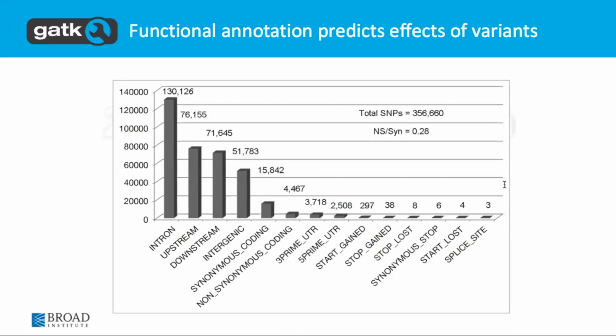Another tool that we have in GATK is Funcotator, a functional annotator for variants, and it will basically classify your variants by their functional purpose, whether they're in an intronic region and do not really affect your transcription as much, or maybe they're just a synonymous coding change that does not change your protein, or maybe they're non-synonymous, and so on.